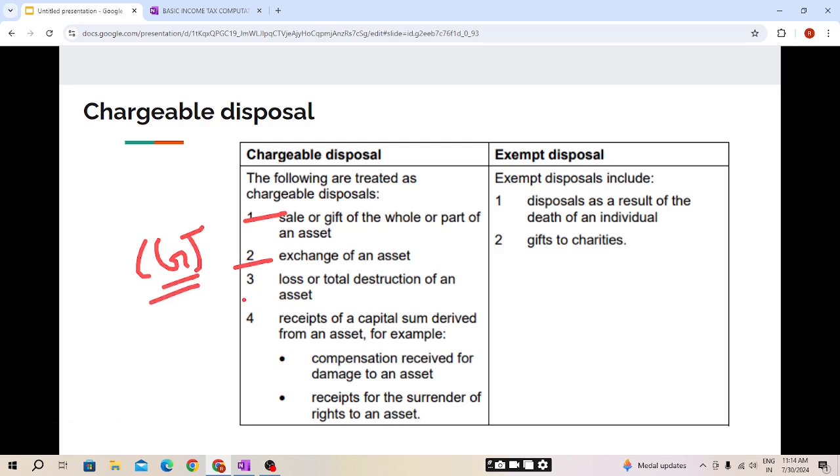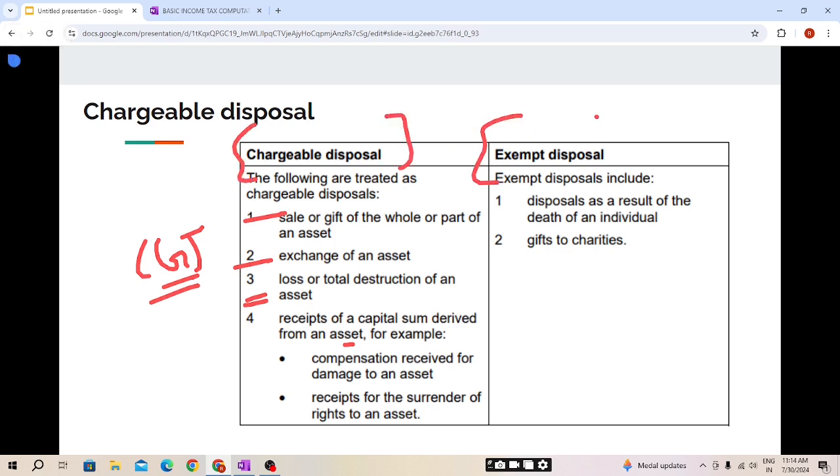Loss or total destruction of an asset. Receipts of capital sum derived from an asset, such as insurance compensation for damaged goods, or receipts which a person receives for surrendering the rights of an asset. These are the chargeable disposals.